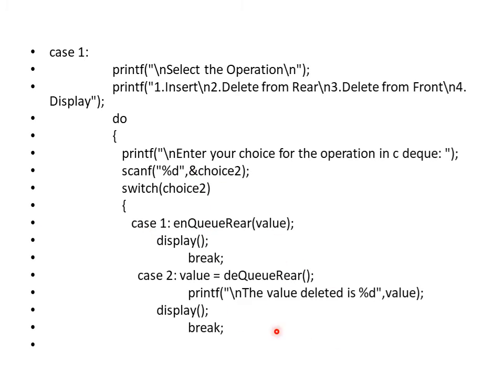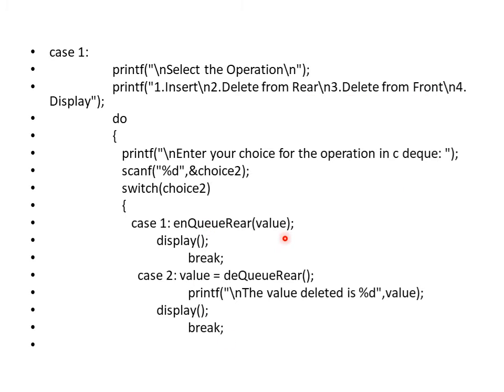Here, in the example also, I will explain. Here I am entering the operations, that is, insertion and deletions: insert, delete from rear end and delete from front end, because insertion can be done in any way. Here I am taking choice one for input and output restricted, and this choice 2 is only for insert and delete from rear end, and delete from front end.